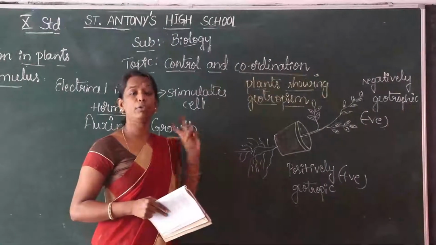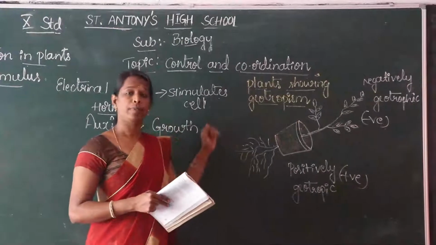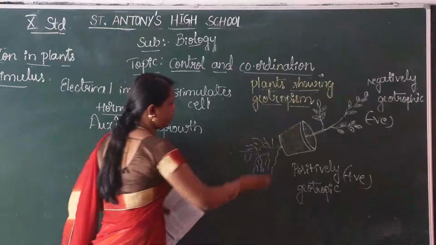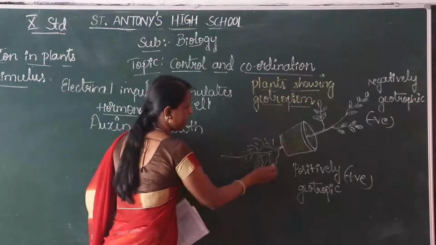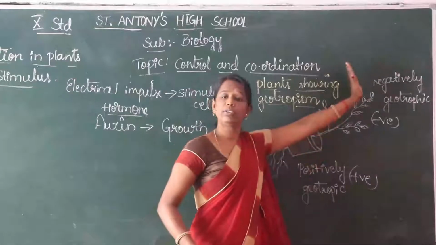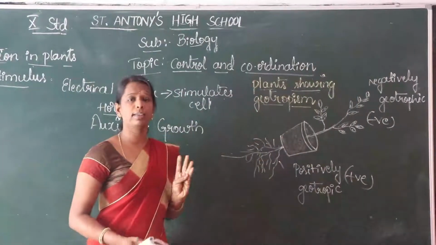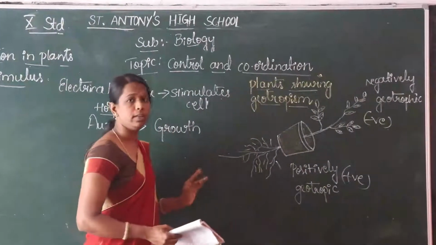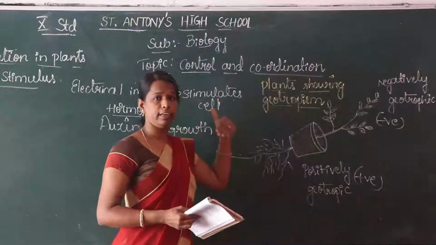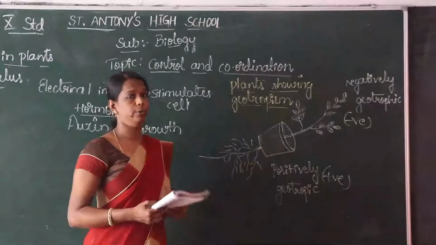In the root system we have 2 types, primary roots and secondary roots. This is called the primary root, and the branches are called secondary roots. The shoot system involves the leaves, plants, flowers, fruits, buds, etc. So the plant is divided into shoot system and root system.